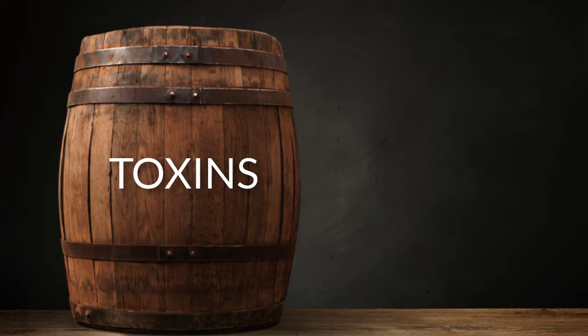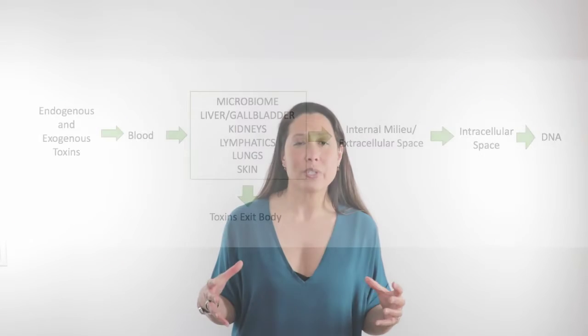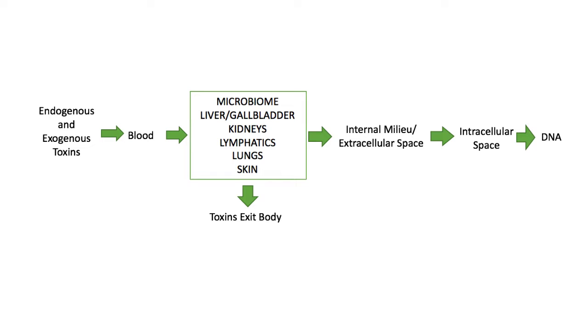Now, what can happen is that if we have an increased toxic load in our system, toxins can start to accumulate, first of all, in our tissues, and then they end up accumulating in the area around our cells, and then they can accumulate inside of our cells.